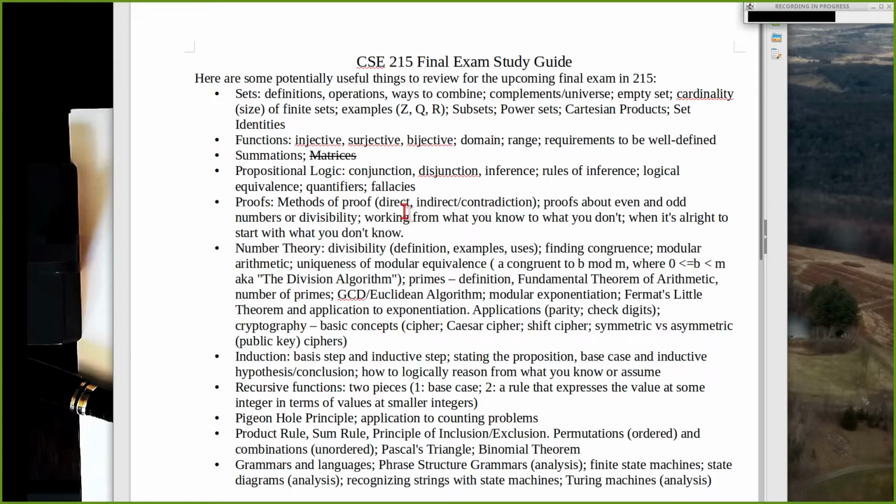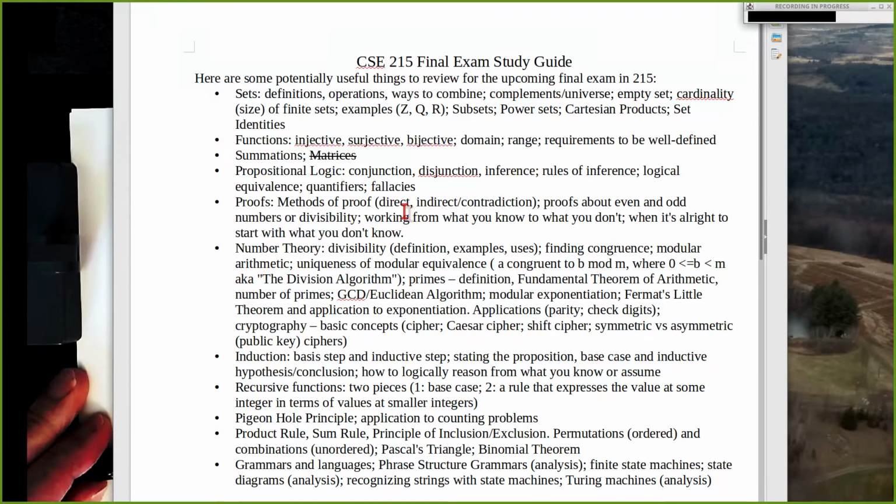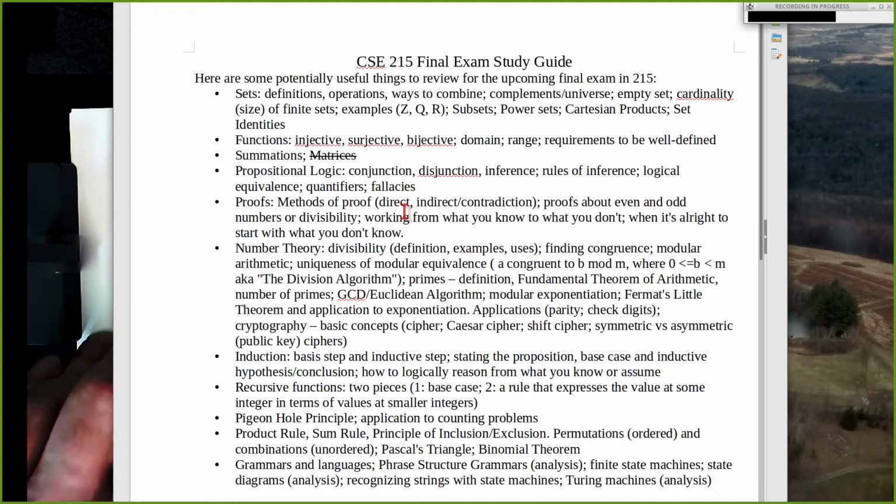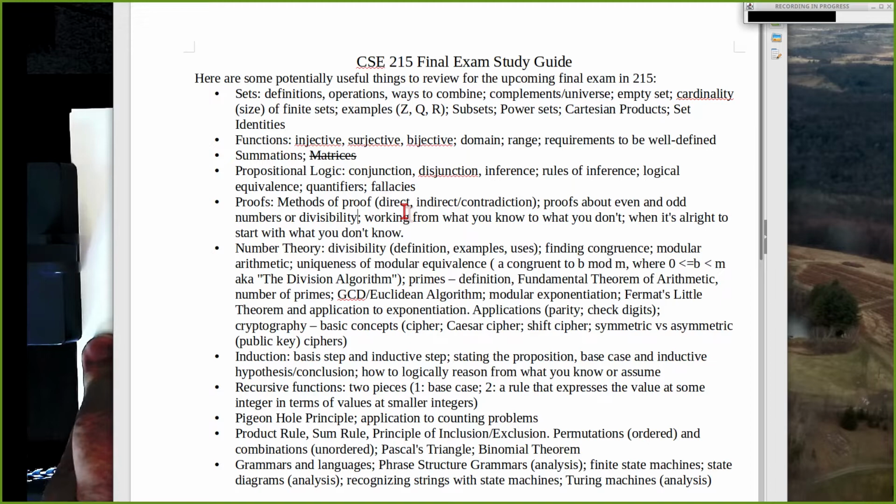Not just, do you know how to turn n times n plus 1 over 2 plus n plus 1 squared into this other expression, but how are you going to use that knowledge to prove this formula about the sum of consecutive integers, for example? That's what I'm looking for. I'm looking for the ability to present a proof logically. Everything is a proposition. These are numbered. There's justifications for each statement, referring back to previous propositions and laws of inference and so on and so forth.